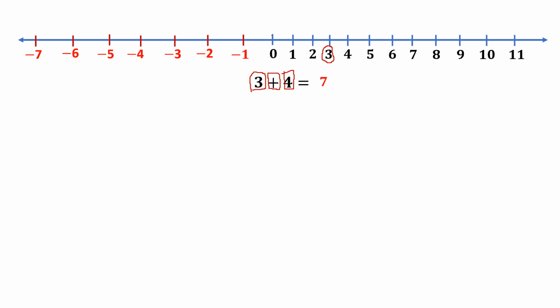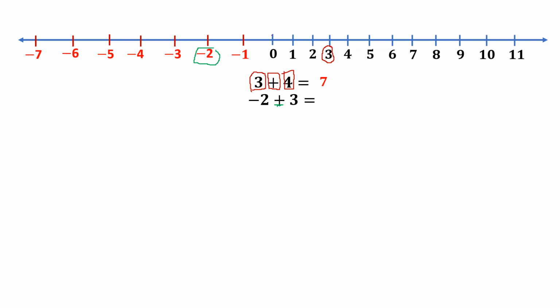Now let's move on to example 2. -2 plus 3. In this case, -2 is my starting point. So from -2, I am moving 3 units in the right direction because this one is positive. -2 is the starting point, plus determines the direction, then 3 is the number of steps in the right direction.